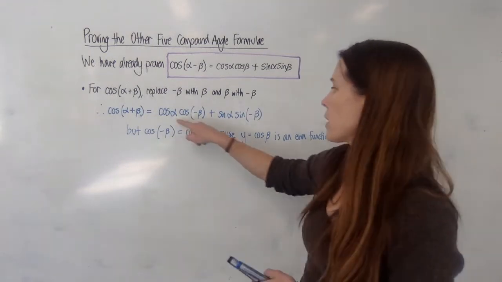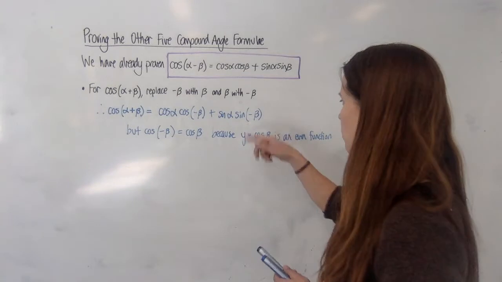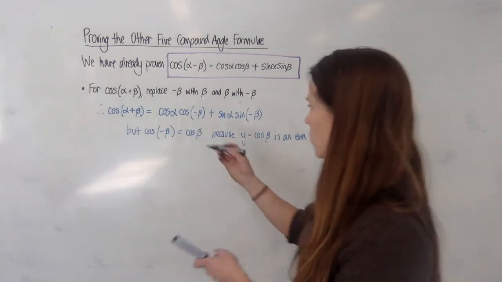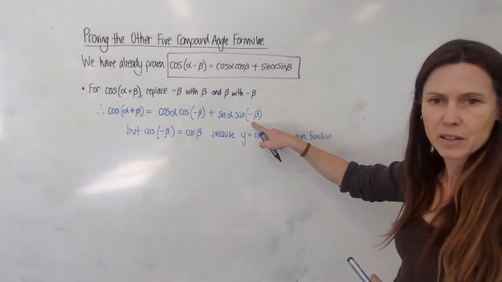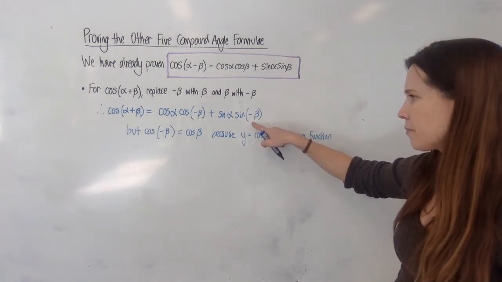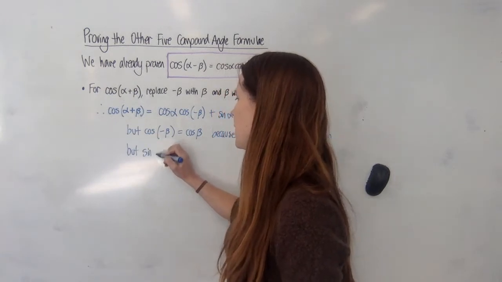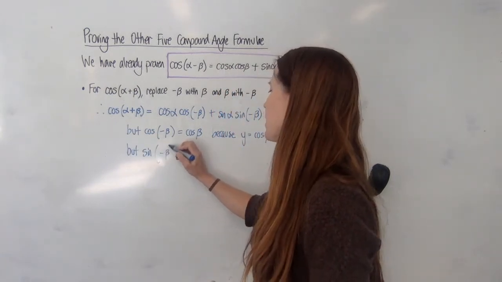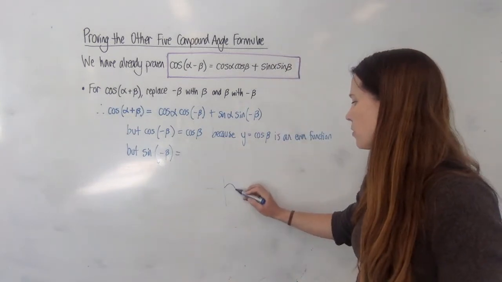So therefore, we can tidy this up even further by replacing cos of minus beta just with the cos of beta. Now, what can we do over here? We've got the sine of minus beta. Can we replace that with something? Well, we can, but we need to replace it with something different. Let's consider the sine of minus beta. What does that equal? Now, thinking about the sine curve, it's an odd function.